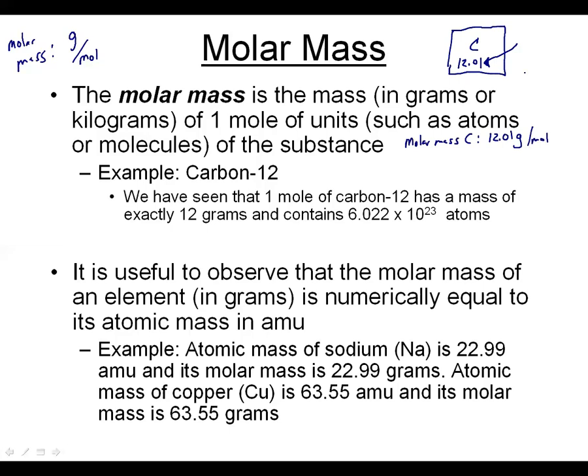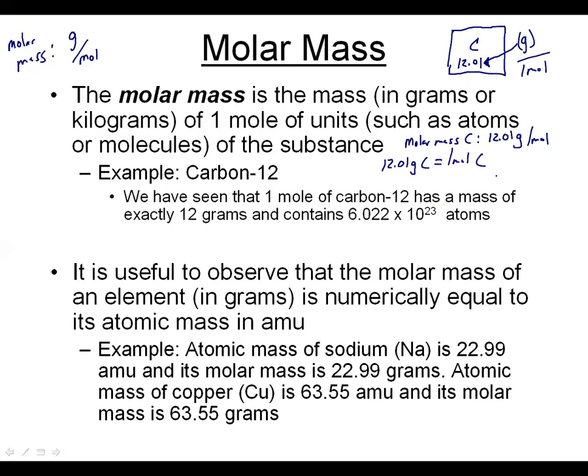The number always stays with the grams part, and it's always per 1 mole. It's basically this equality that there are 12.01 grams of carbon in 1 mole of carbon.